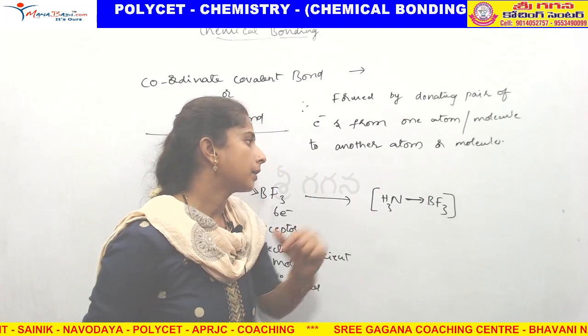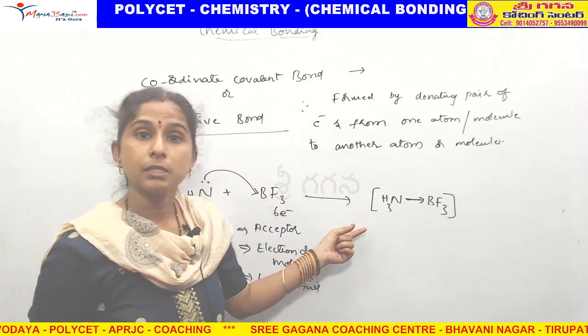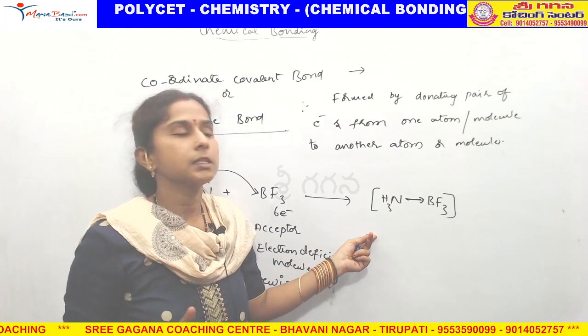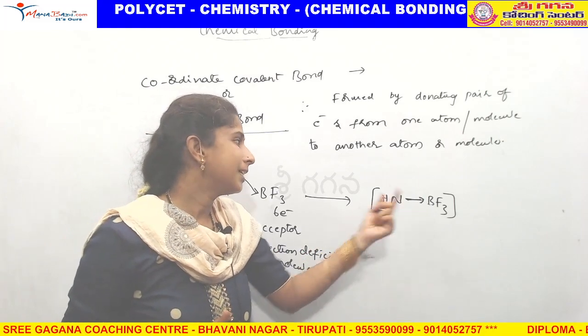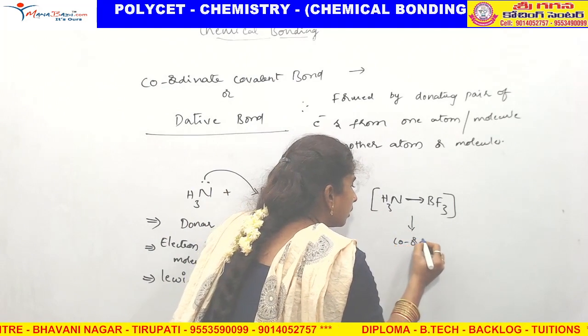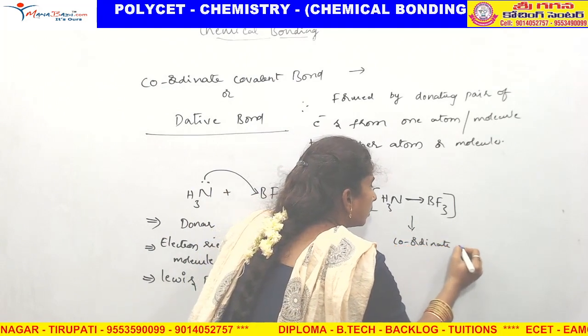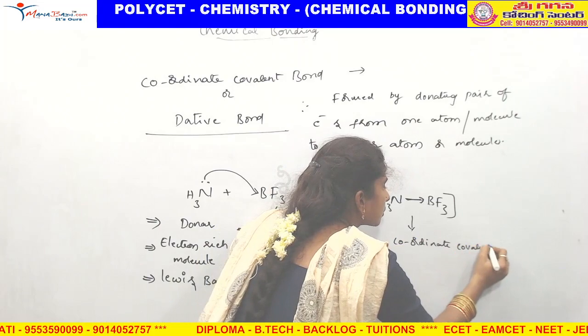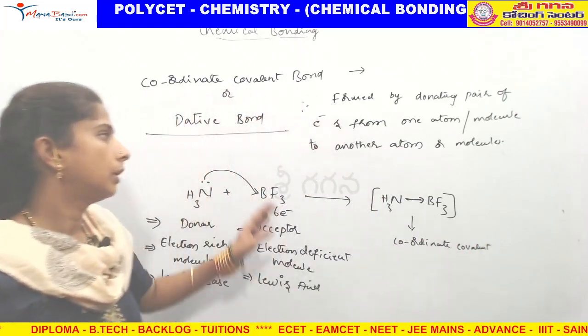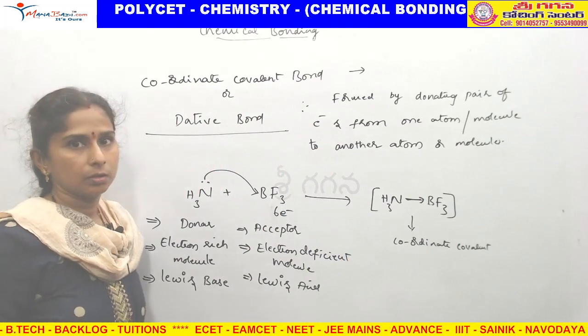We will get these types of compounds in complexes, complex compounds. So this is the coordinate covalent bond, and this is also called a dative bond.